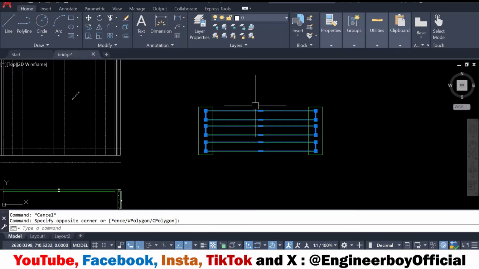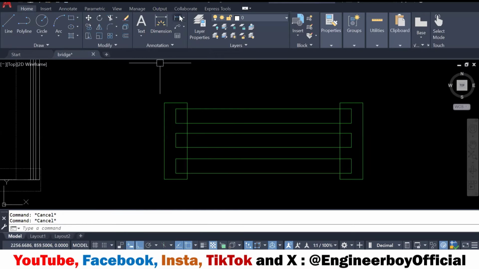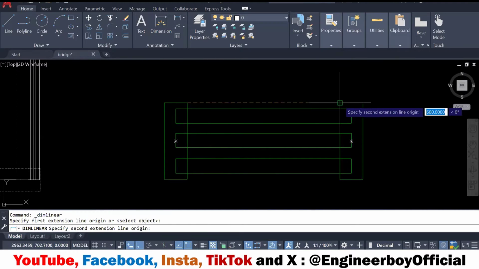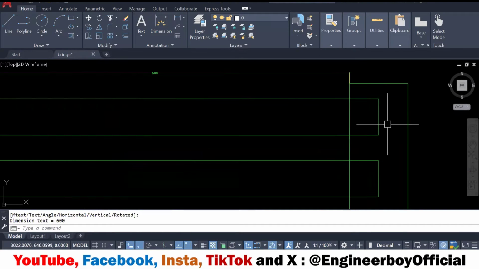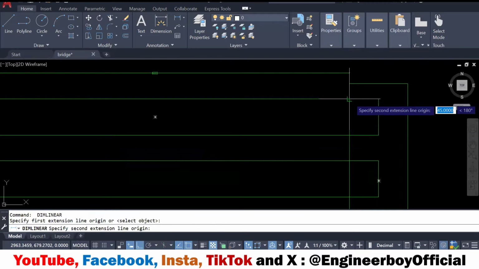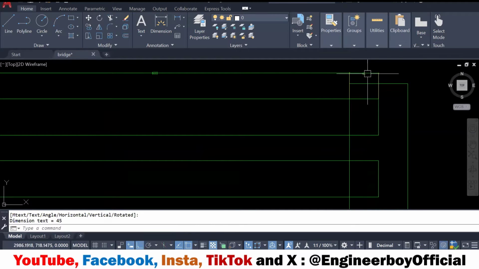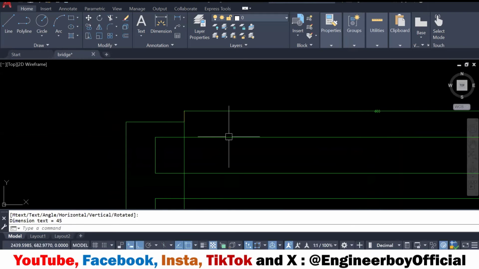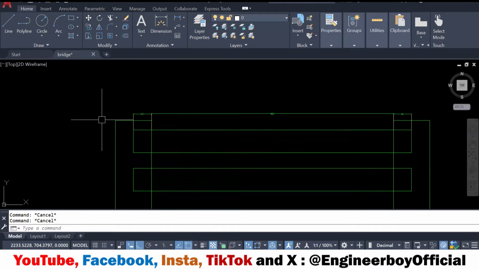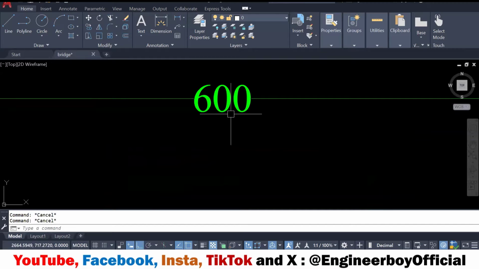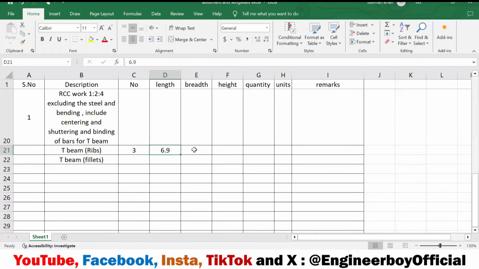So these three are girders. Now, as you can see, the span from this point till this point, it is a top view, is 600. Here we have bearing, which is 45 centimeters on one side and 45 centimeters on the other side. Is it clear now? So 45 plus 45 is 90 centimeters, and then 600 centimeters becomes 690 centimeters, and that's of course 6.9. I think it's clear now.